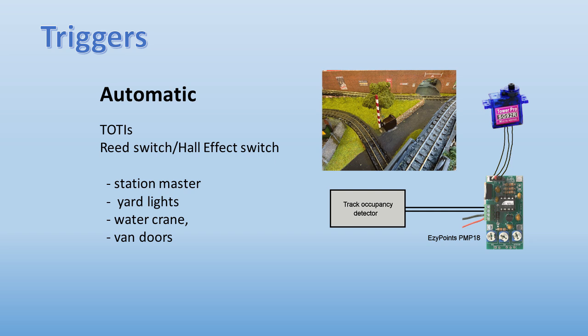Bringing out the station master, switching on yard lights, moving the water crane, all kinds of things that we looked at earlier. Nothing the user has to do. They've been set up to operate autonomously.